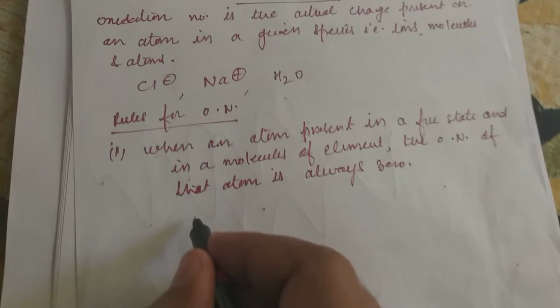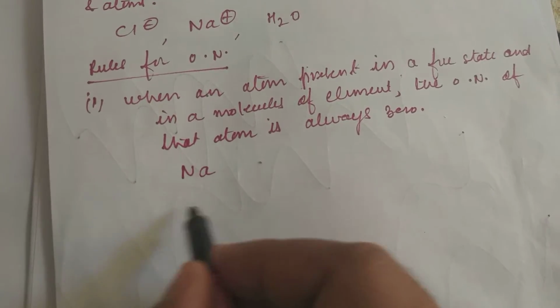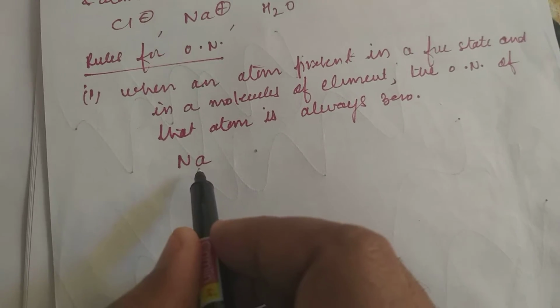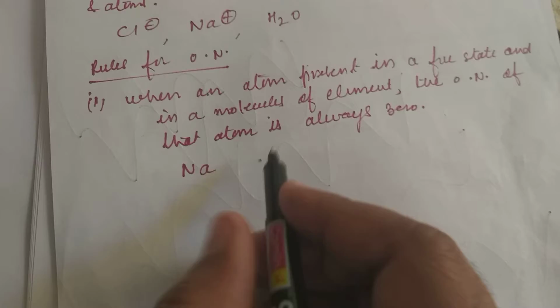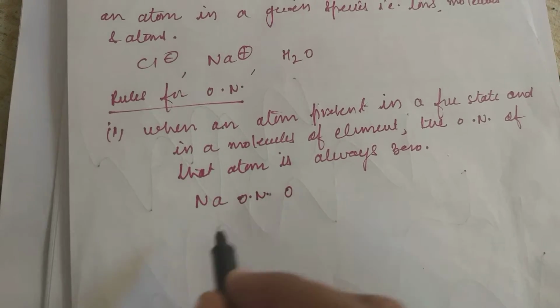Meaning is that, suppose we discuss sodium. Whenever this sodium atom is not combined with other atoms, it is known as free state, and in the free state of each and every atom the oxidation number is 0.